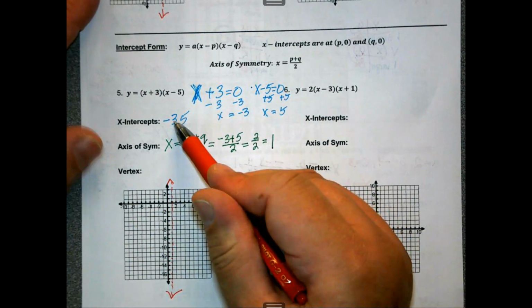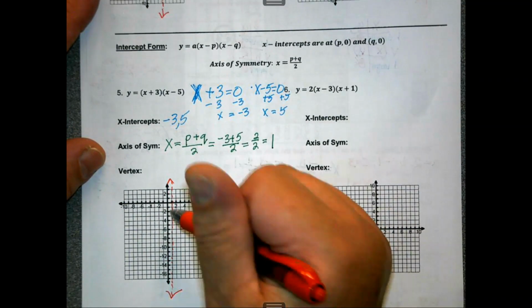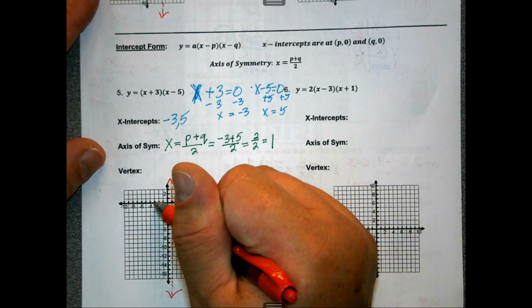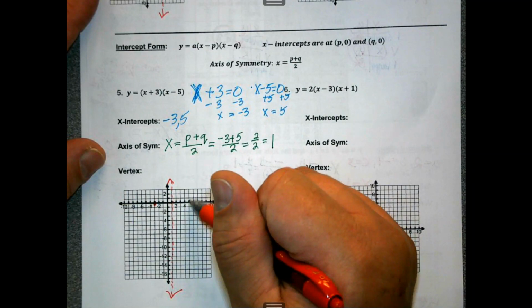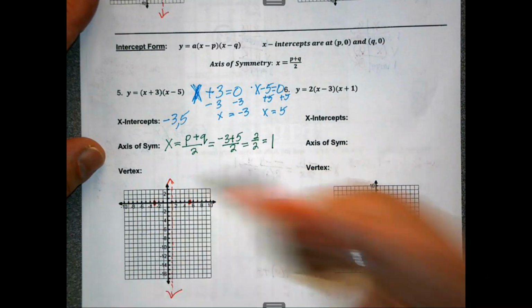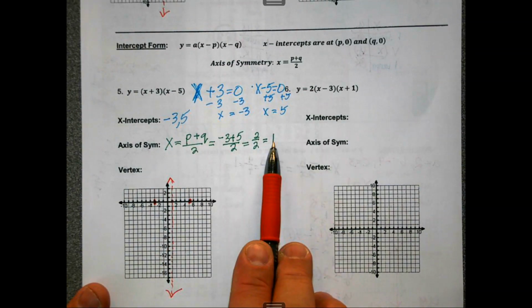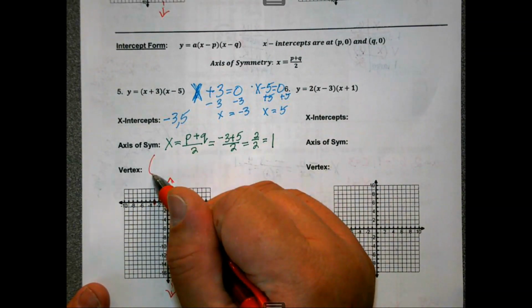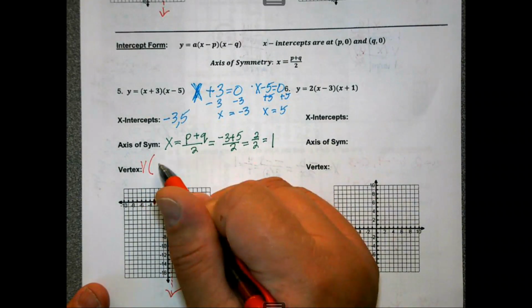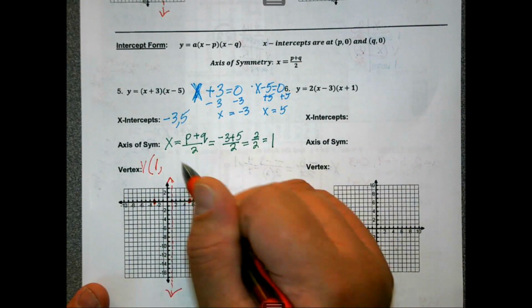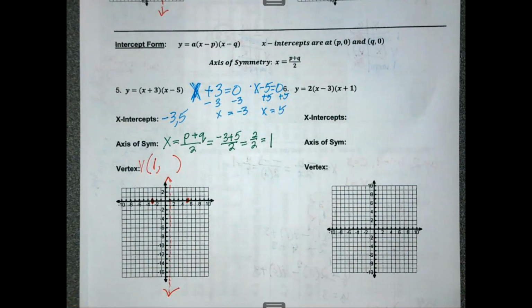We know that the x-intercepts, where it crosses the x-axis, are negative 3 and 5. So my vertex, I know that the x-coordinate is 1. All I have to do is figure out what y is.